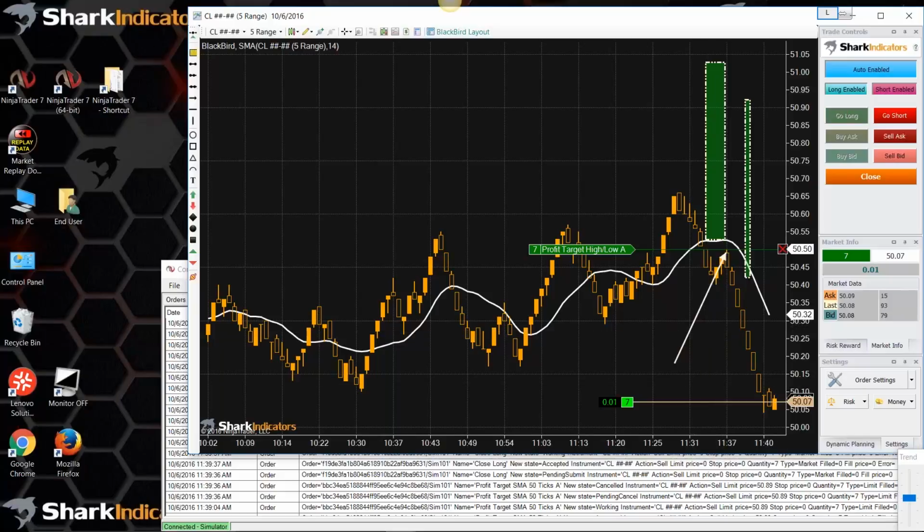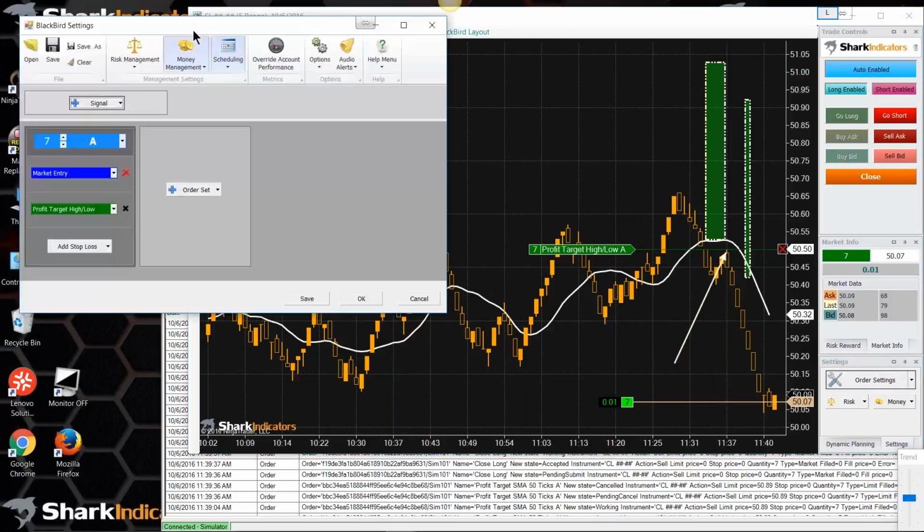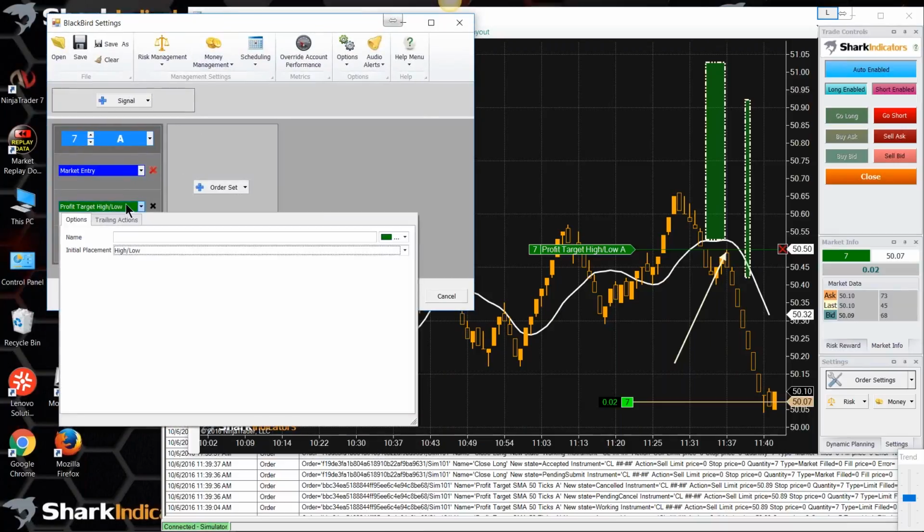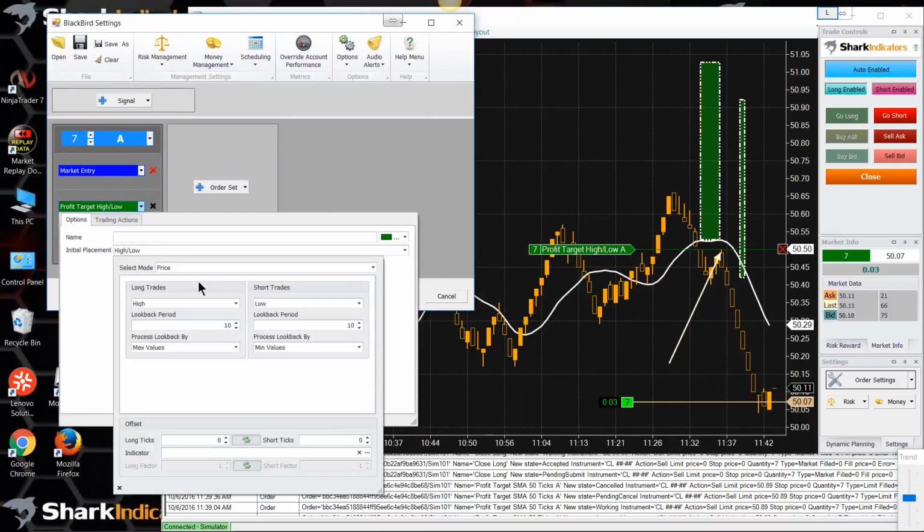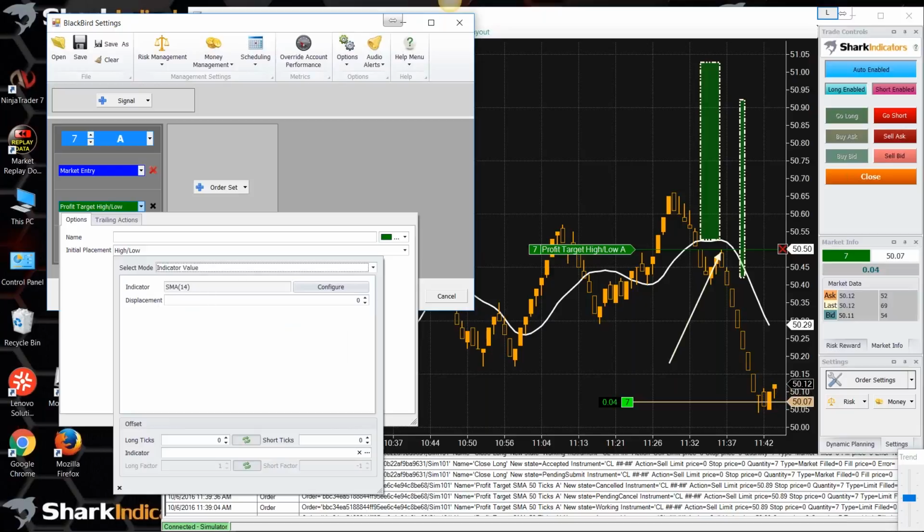So, let's take a look at, see if there's anything else here to look at. Well, indicator value, of course, pretty simple. If you have some kind of third-party vendor that has suggested profit target prices, you could plug that in here.